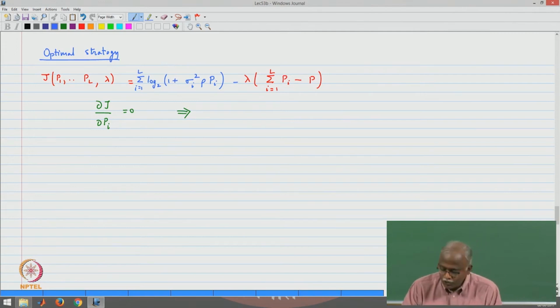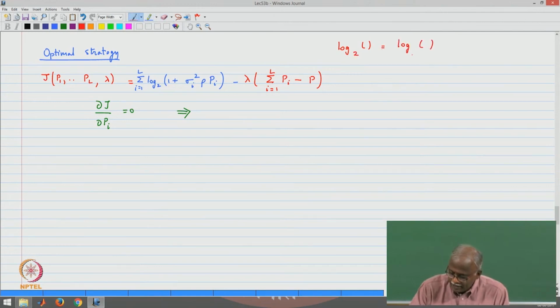And also keeping in mind that we can always write the logarithm of a quantity to the base 2 in terms of the logarithm of the quantity base E multiplied by the logarithm of E base 2. So, basically I would like to write it in terms of the natural logarithm times log E base 2.